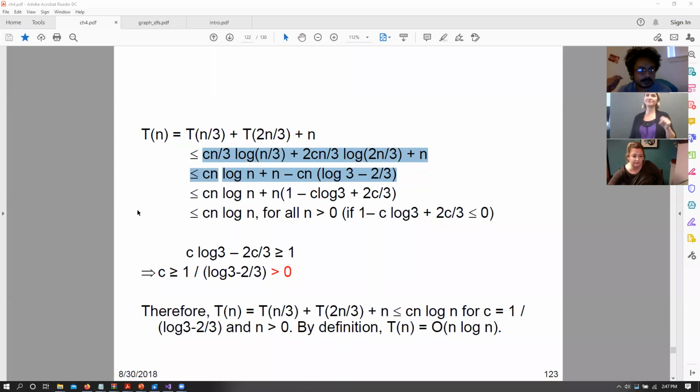Kavyashri, are you typing the answer, or can't we understand if you're typing? I think Kavyashri is trying to type in the answer, but while she does that, do you guys understand how we got into the third equation from the second equation? Yes, no? Kavyashri, if you're stuck, you can let me know, or if you're typing the answer, let me know.